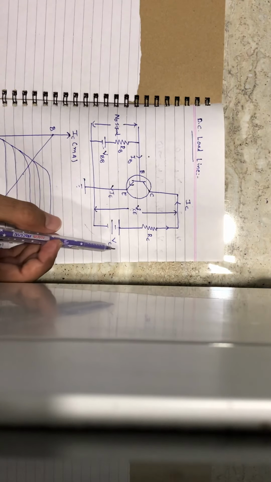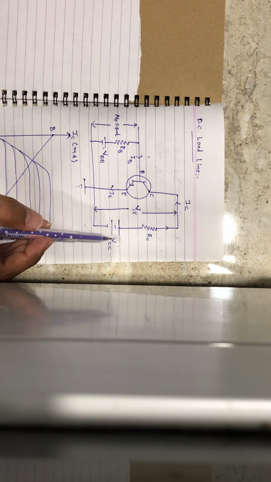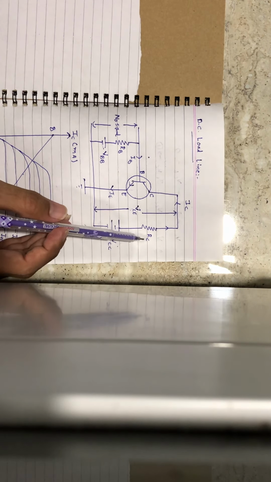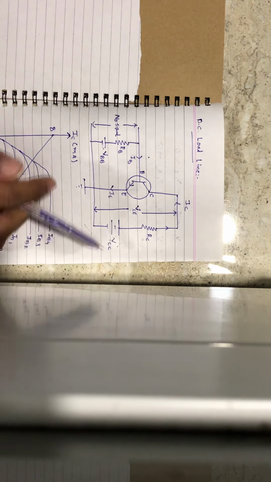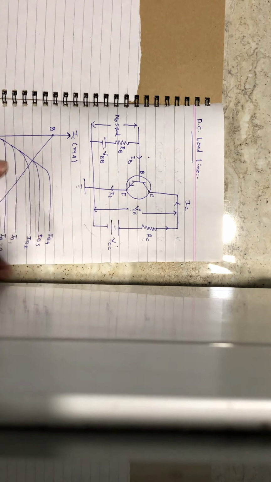In this equation, that is equation number 1, VCC and RC are constant values. Why are they constant? Because VCC is a fixed voltage source and RC is a fixed resistor. So the values of these two components are fixed. That is the constant.